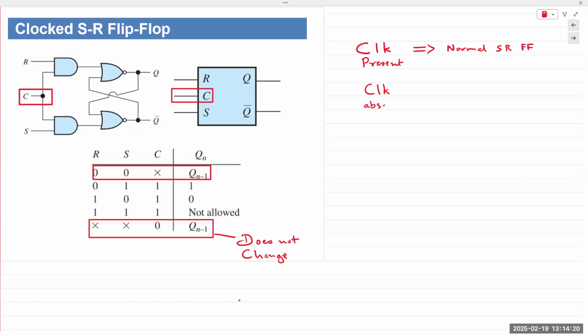Clock is absent, 0: the output remains in the previous state. The inputs do not matter.